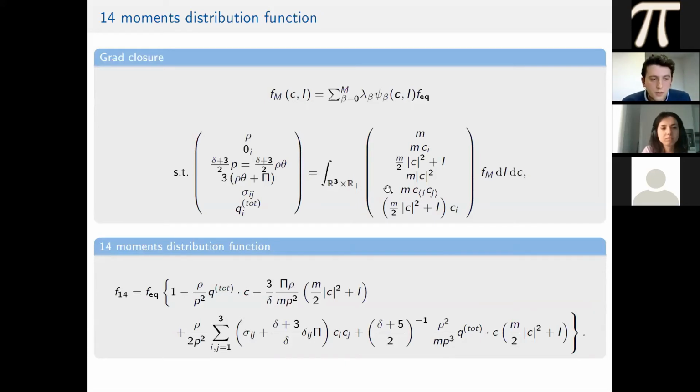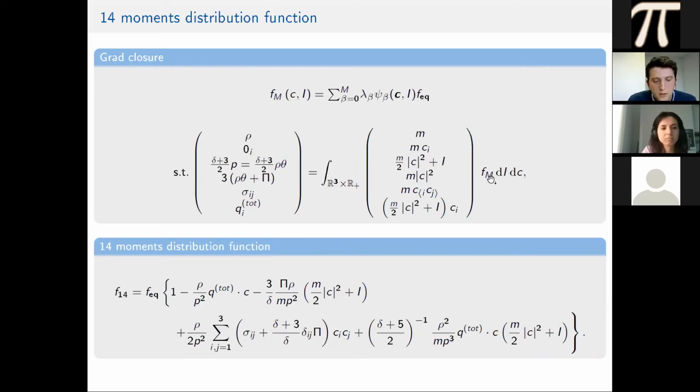First, how does the distribution function look? Grad assumes that it is an expansion with some coefficients times our test functions and times the already mentioned Maxwellian, the equilibrium function, such that it satisfies our requirements for the moments.